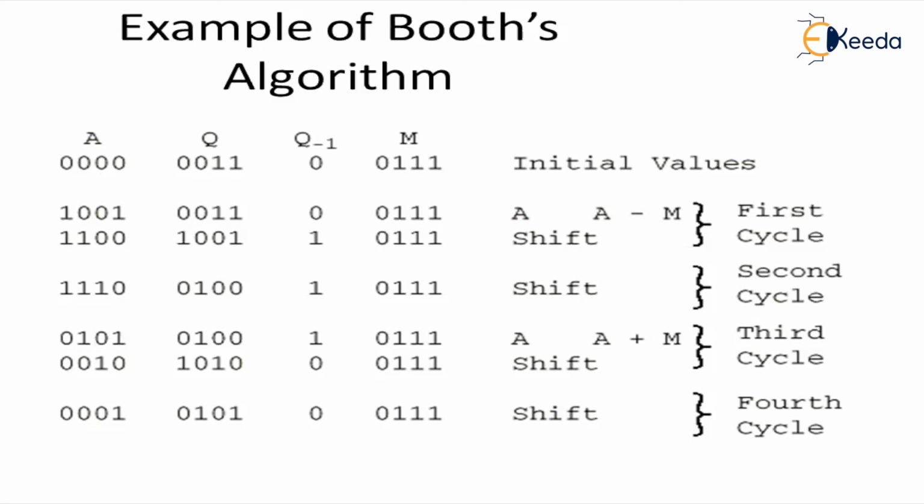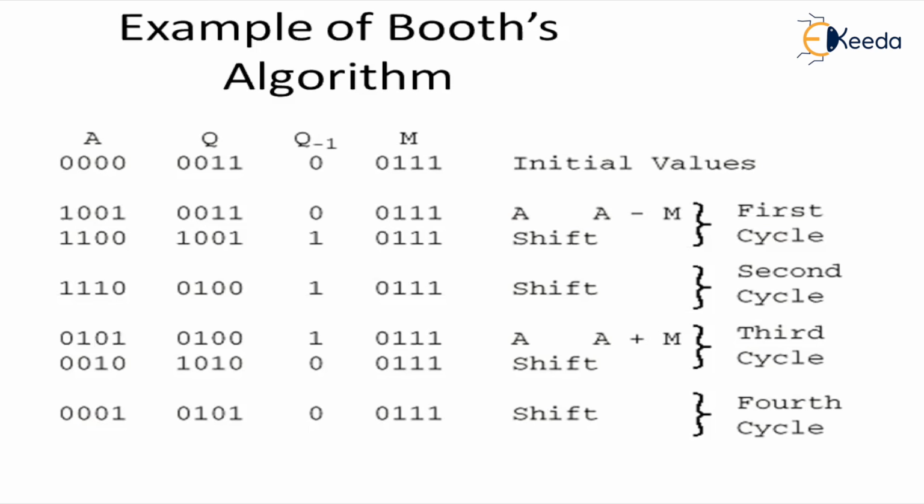Now again you will check the last digit of Q and Q minus 1. So it is 0, 1, and you have to perform a shift operation again, and you need to repeat this cycle till your process gets completed.